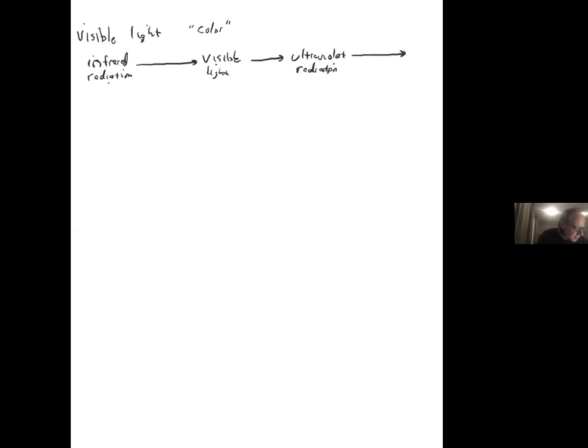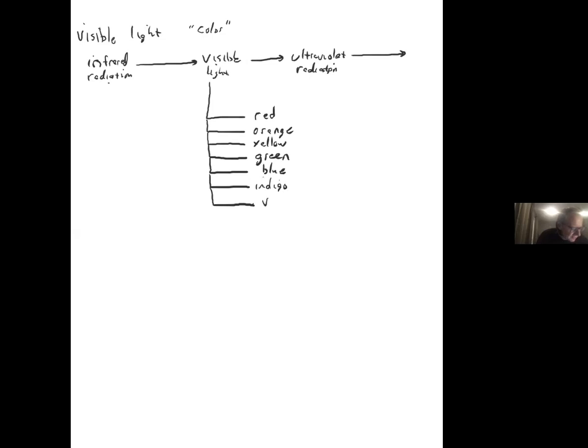Okay. What I'm going to do now is take this visible light and break it out into several colors. We'll call them the primary colors. And the colors are red, orange, yellow, green, blue, indigo, and violet.